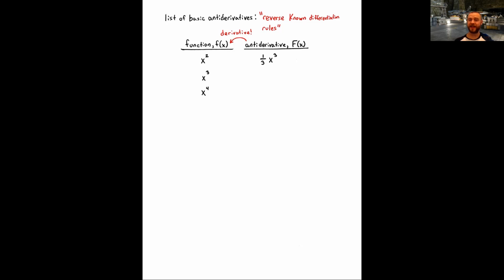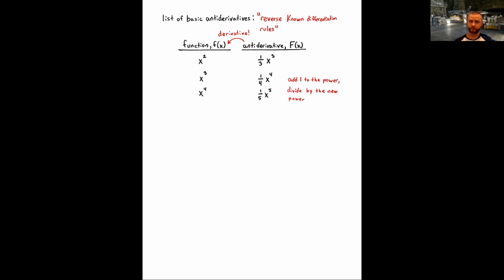We would need a fraction to cancel out the exponent 4 coming down. So the antiderivative of x cubed is 1/4 times x to the 4th, or you could write that as x to the 4th over 4 if you prefer.